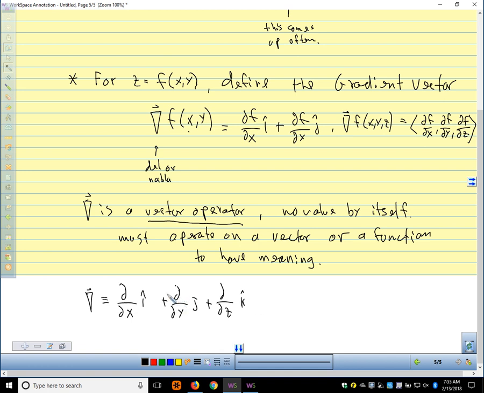All right, so with this notation, we can write the directional derivative very compactly. Everybody good with our gradient vector, our del operator?